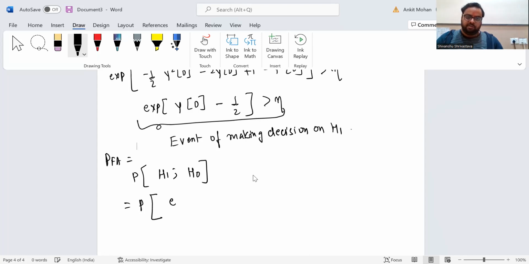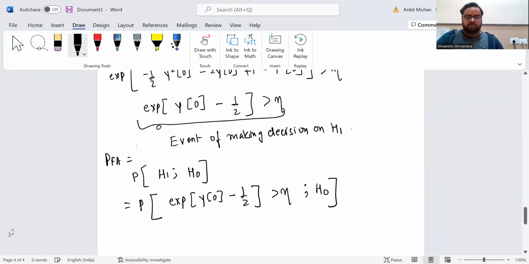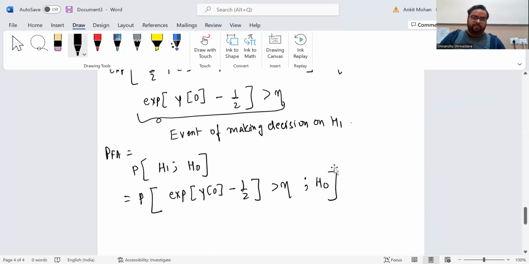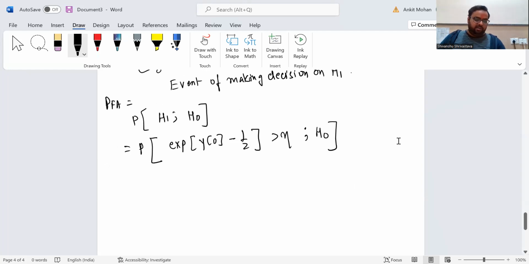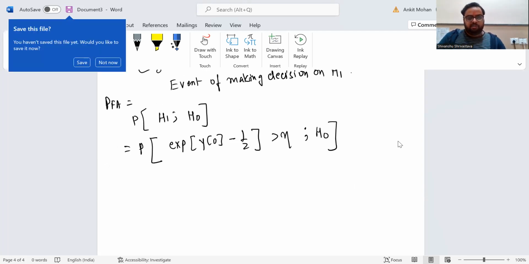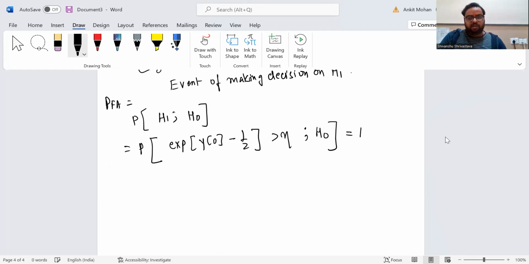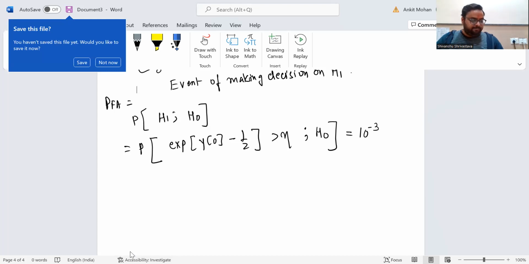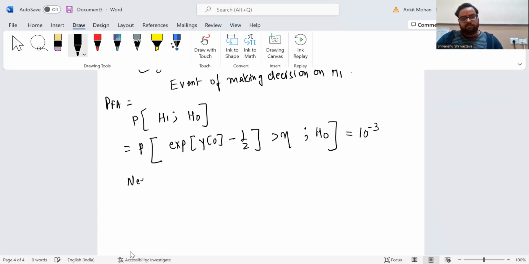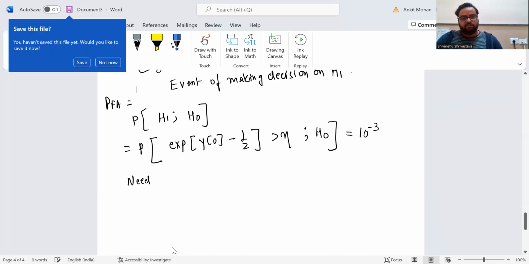So we have exponential y naught minus 1 by 2 greater than eta, with the probability under H naught. This is essentially my probability of false alarm, and that value has been fixed at 10 to the power minus 3.